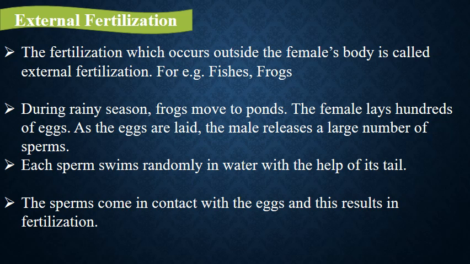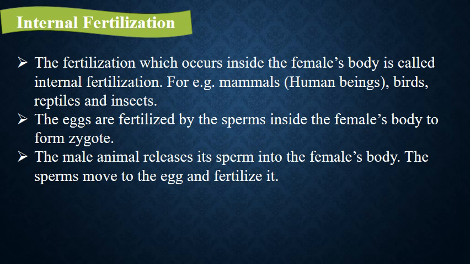During the rainy season, frogs move to the pond, and female frog lays hundreds of eggs in that water, and male releases large number of sperms. Sperms swim randomly in water with the help of their tail. When sperm come in contact with the egg, fertilization occurs.